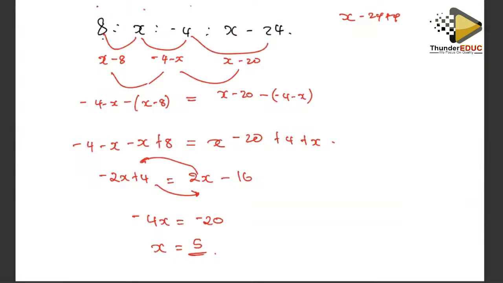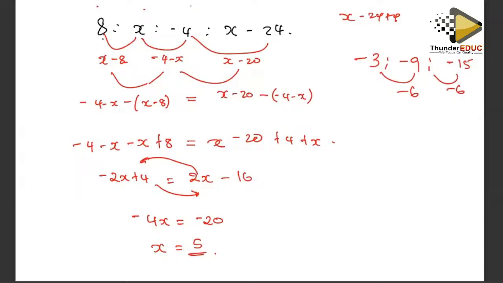If our x is 5, it's going to be 5 minus 8, which becomes negative 3. And then negative 4 minus 5, which is negative 9. And then 5 minus 20, that is going to be negative 15. It's negative 6, negative 6.